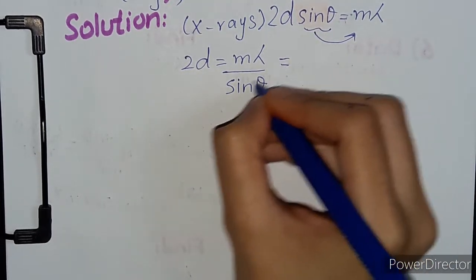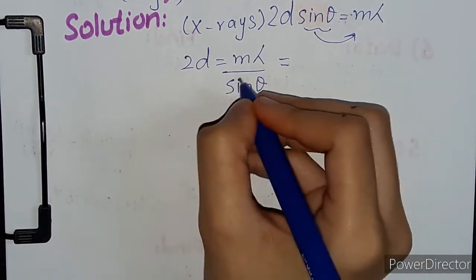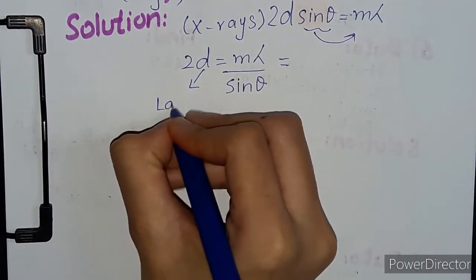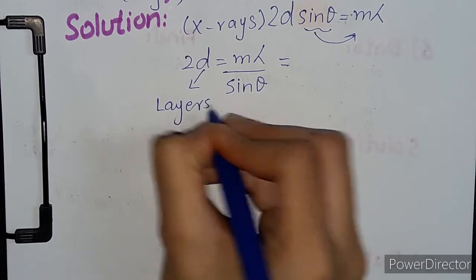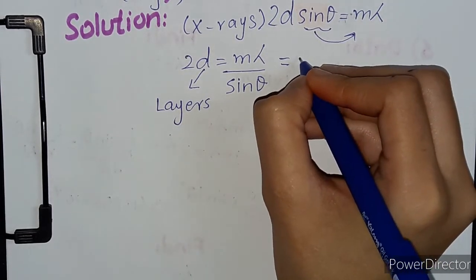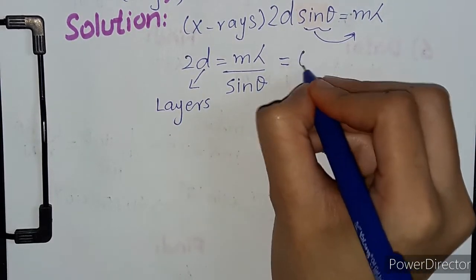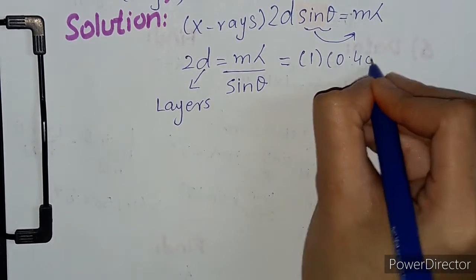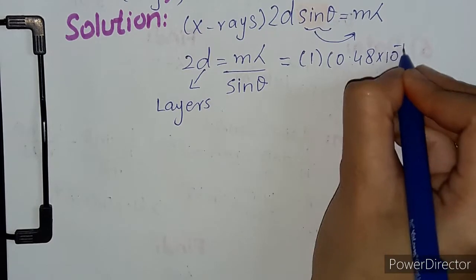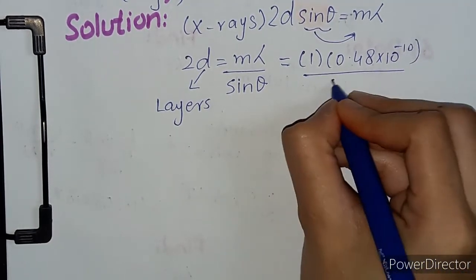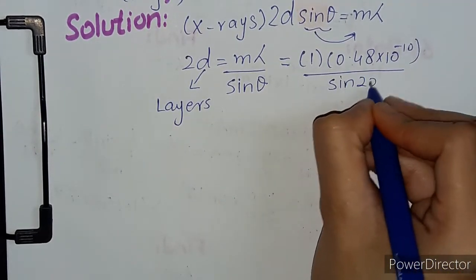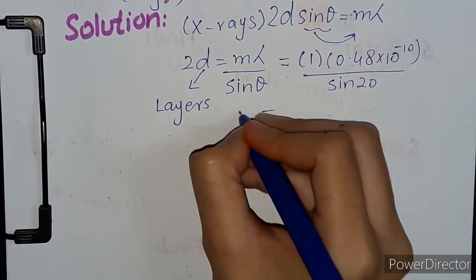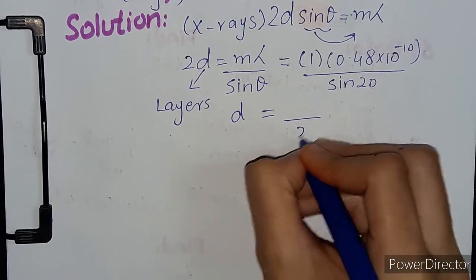Now solving it, then dividing it by 2, we will get the answer of d. So m value is 1 and lambda value is 0.48 times 10 to the power minus 10 divided by sine 20.